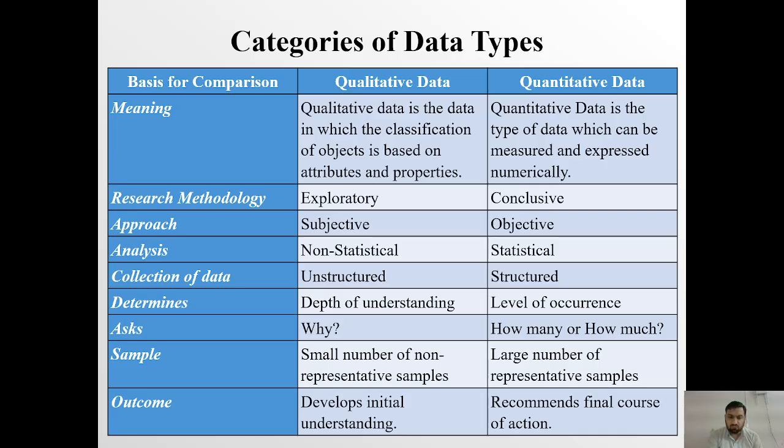Outcome, develop initial understanding. On the other hand, in quantitative data, recommends final course of action. I missed one point. Ask, that is why, in qualitative data. In quantitative data, how many or how much.